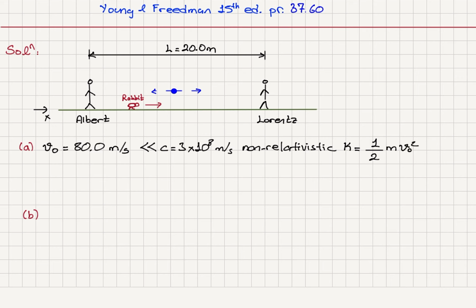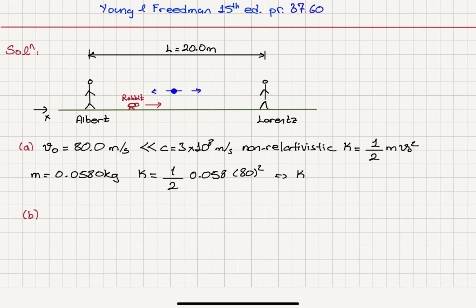We know the mass of the ball is 0.058 kilograms. We can plug that in for kinetic energy. So we have 1 over 2 times 0.058 times 80 squared, and that gives us a kinetic energy of 186 joules.